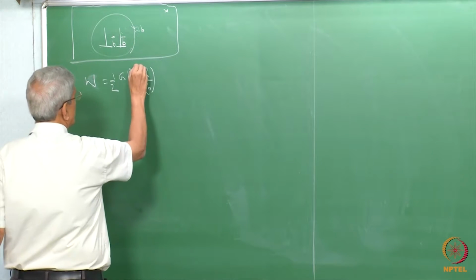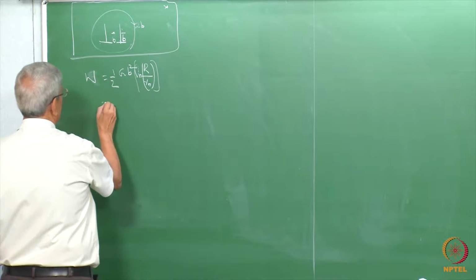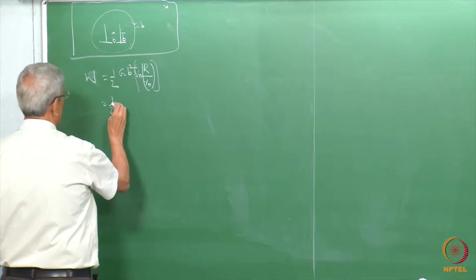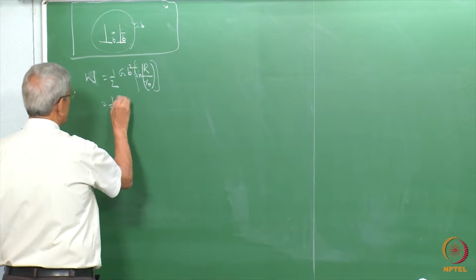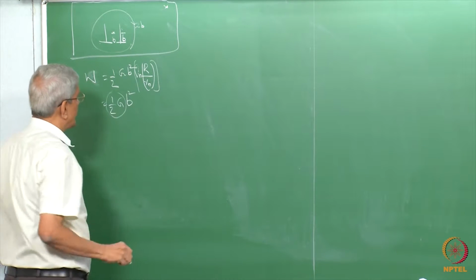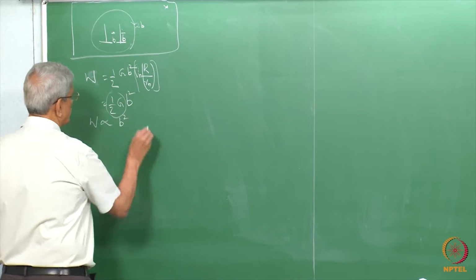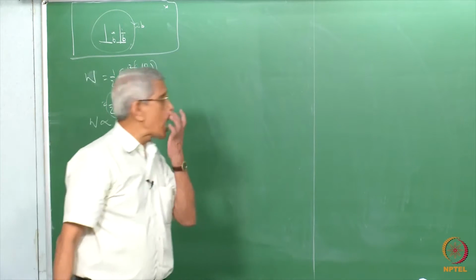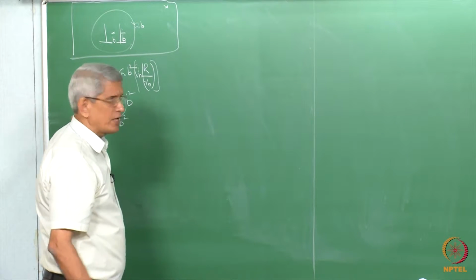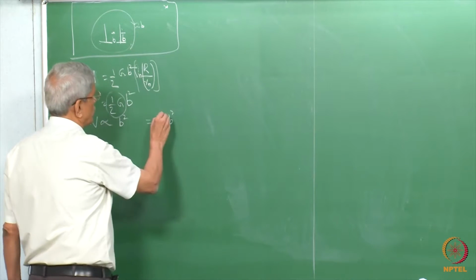Since the logarithmic term we can neglect, this is for an edge dislocation, and this is for a screw dislocation. Essentially G is a material constant, so W is proportional to b squared. If you look at b squared, that is the self energy; here it will be 4b squared, correct?